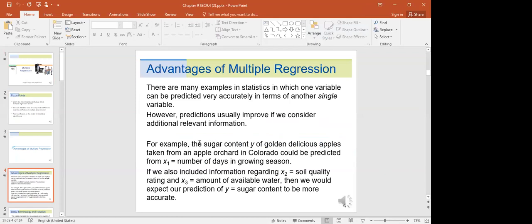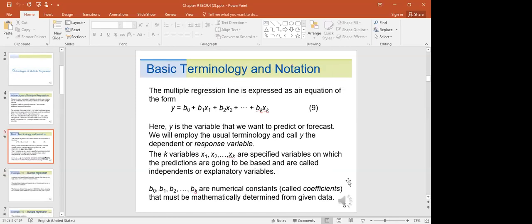For example, the sugar content y of golden delicious apples taken from an apple could be predicted from the number of days in growing season, x1, the soil quality, x2, the amount of available water, x3. So that is an example of correlation, and you may have a regression line of this form.